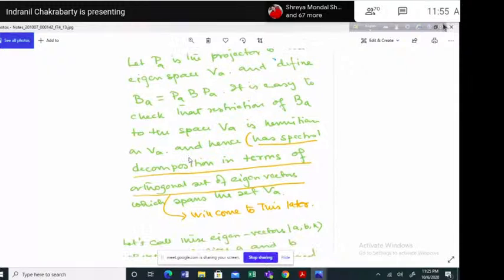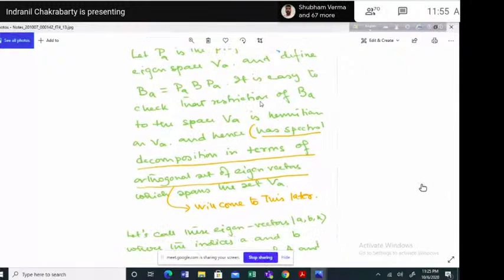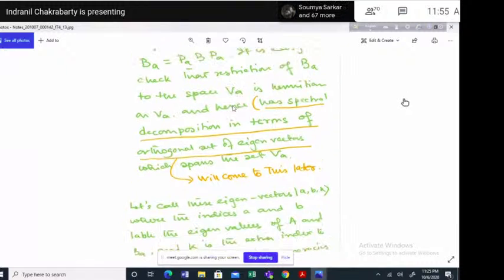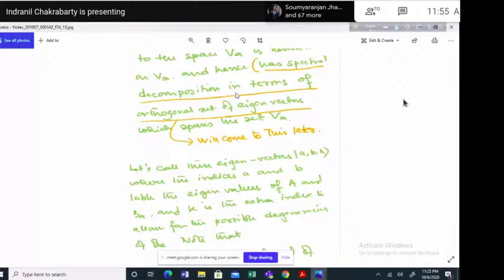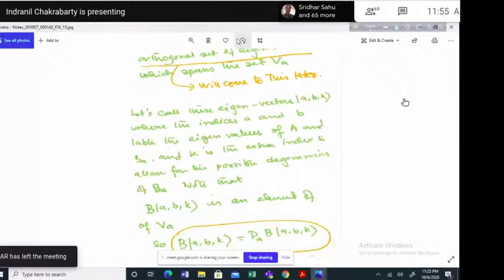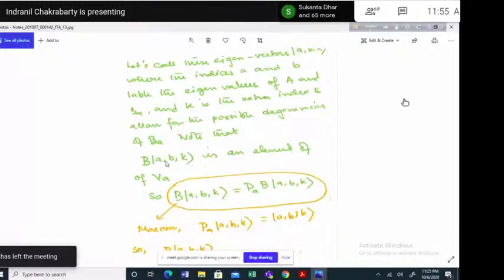Now this operator BA is once again Hermitian and has a spectral decomposition in terms of an orthogonal set of eigenvectors, which will span the space VA. So B|a,b,k> is an element of VA.